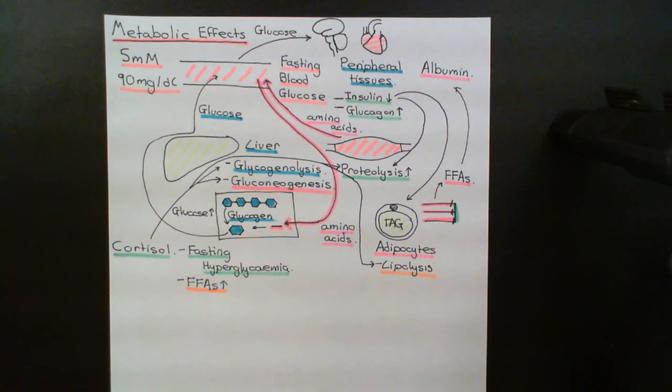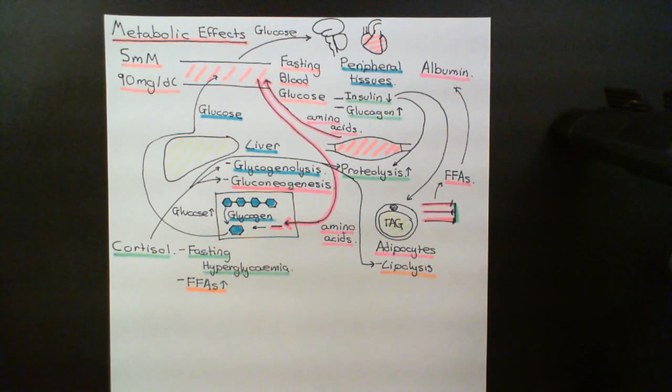Now, in a stressful situation, you will want more nutrients to be available in the bloodstream. If you've suffered infective stress or emotional stress or physical stress or any other type of stress, you're going to want more nutrients available so that your body is better able to deal with that stress.